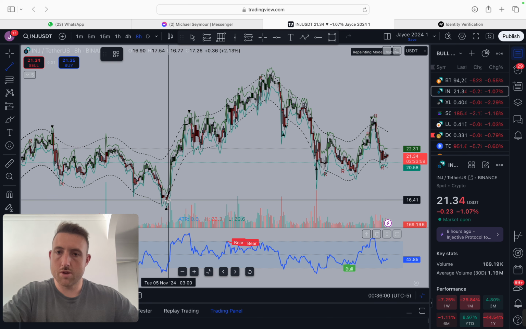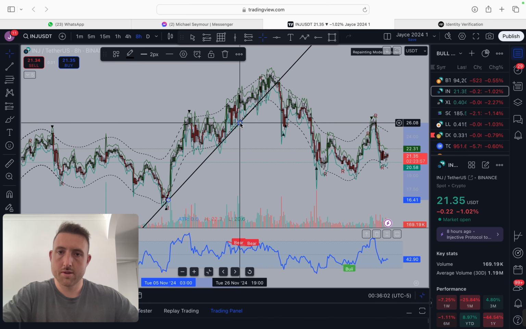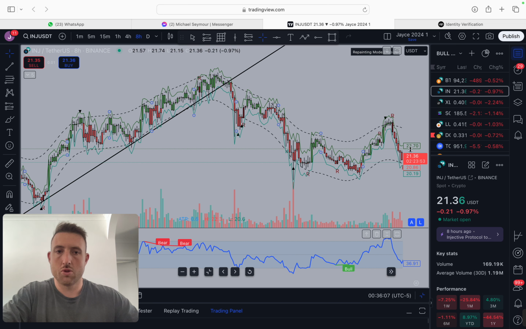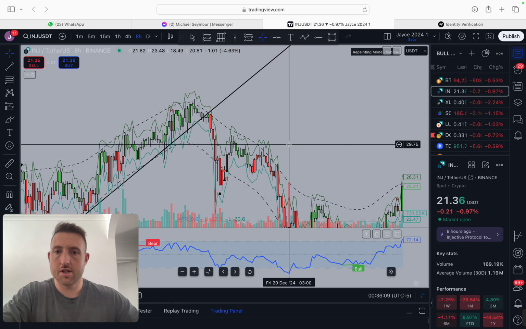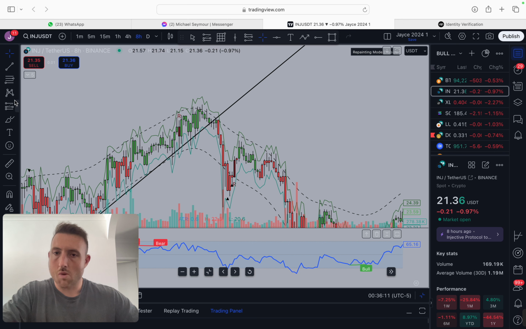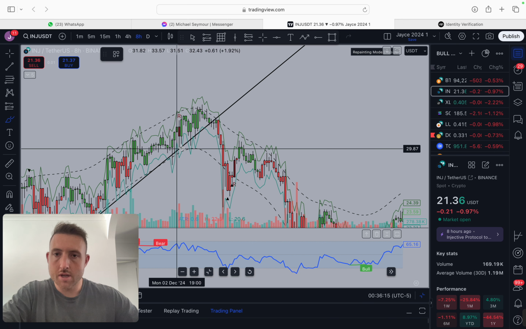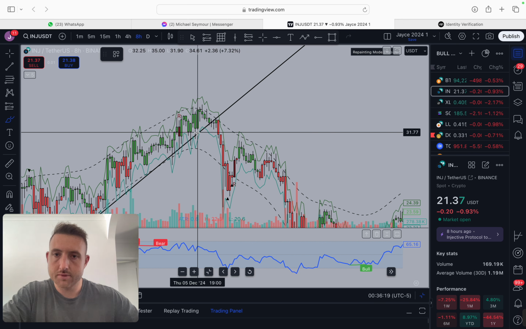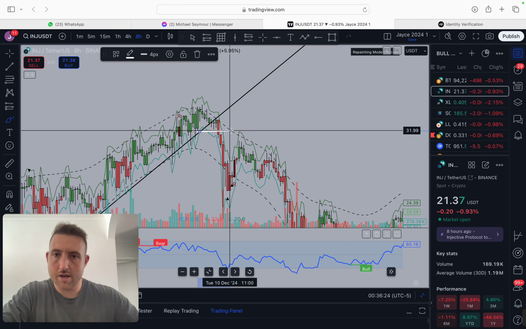So we can see that we were making higher highs before breaking down here. We can look at where we had our break of structure. It is right here. We had a break of structure.